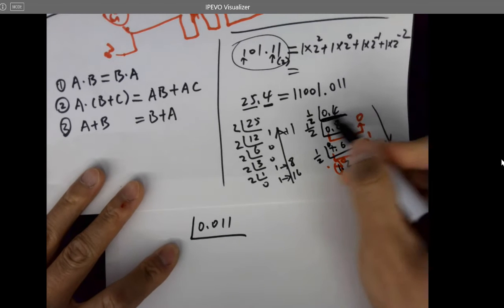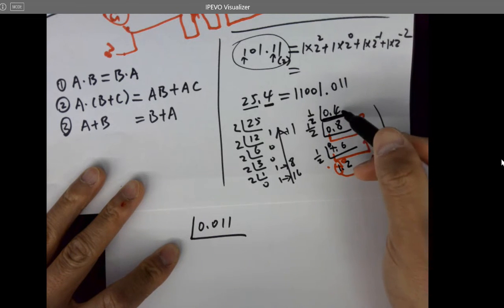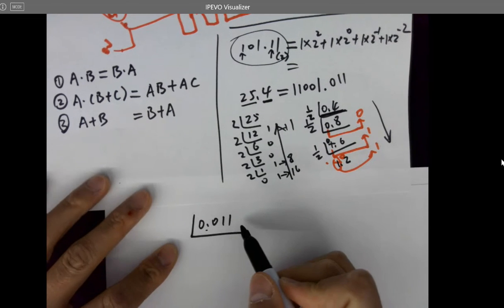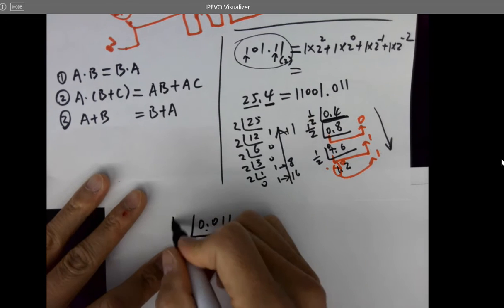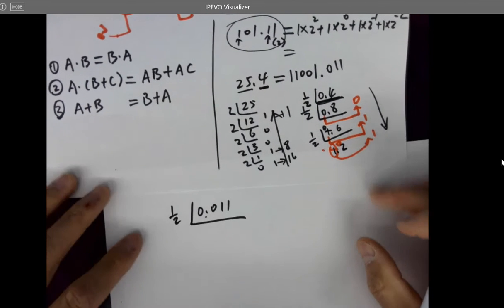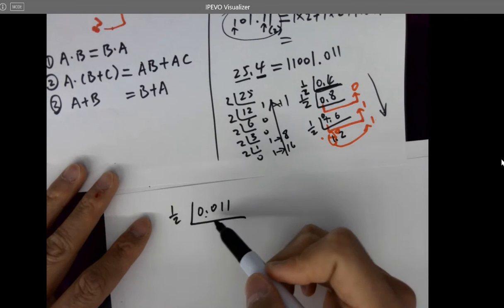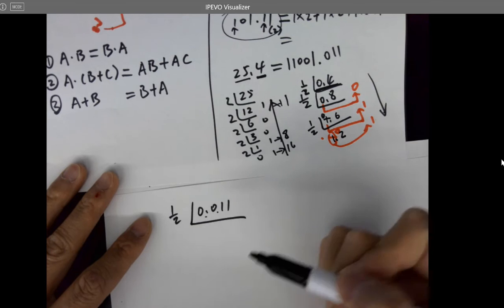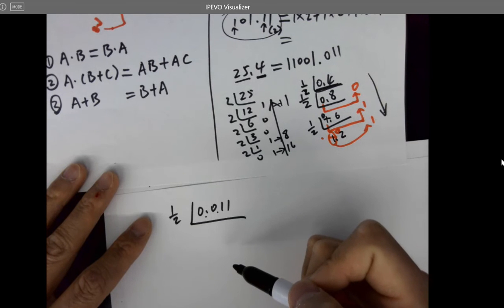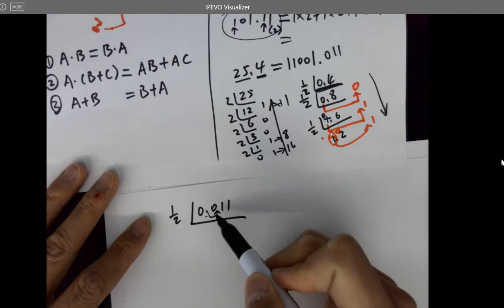We know this is very close to 0, 1, 1, and this is going to be 0.011, right? So 0.011 in binary form times 2. What is that? No, times 2. Times 2 is moving this point to the right.